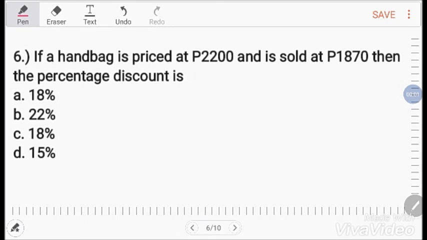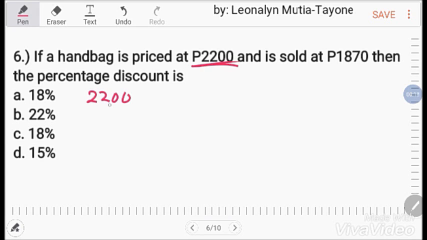Number 6. If a handbag is priced at 2,200 and is sold at 1,870, then the percentage discount is? Itong 2,200 minus 1,870, yan na yung discount. So, hanapin na lang natin yung percent discount niya.